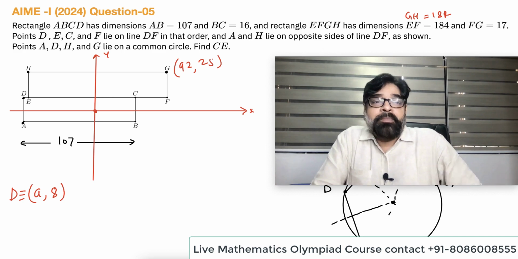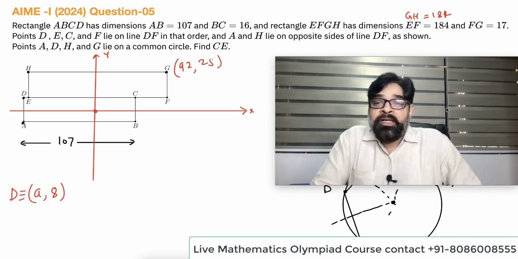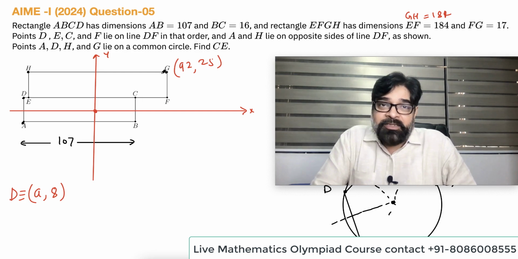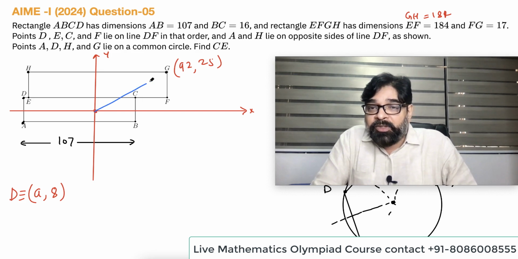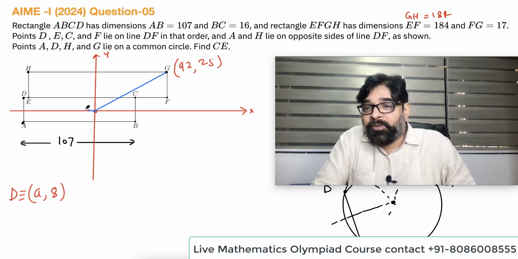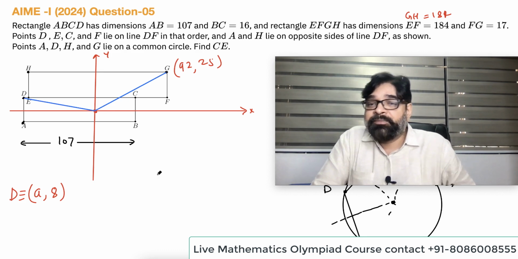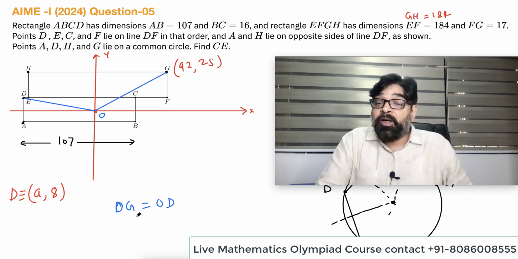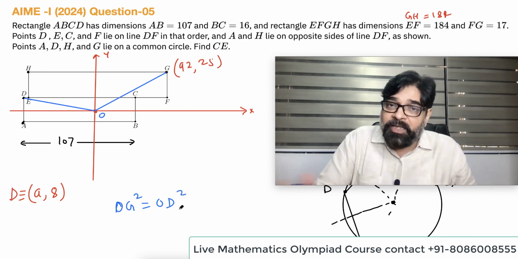So that is very simple. Why simple? Because this is the center and the points D and G are on the circumference of the circle. So this length will be equal to this AD length. Suppose this is the origin O, OG equals OD, so OG square equals OD square also.